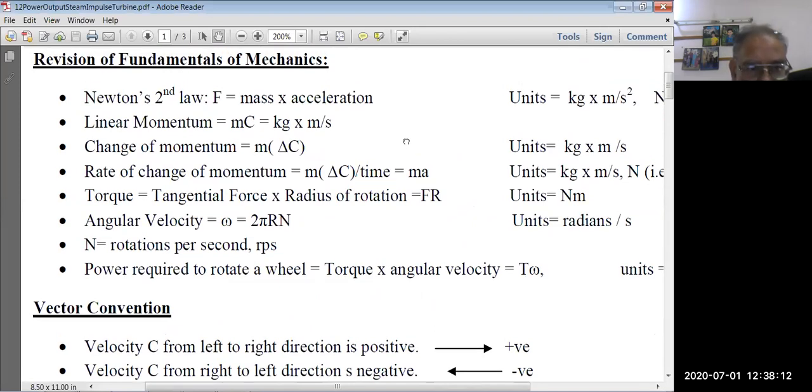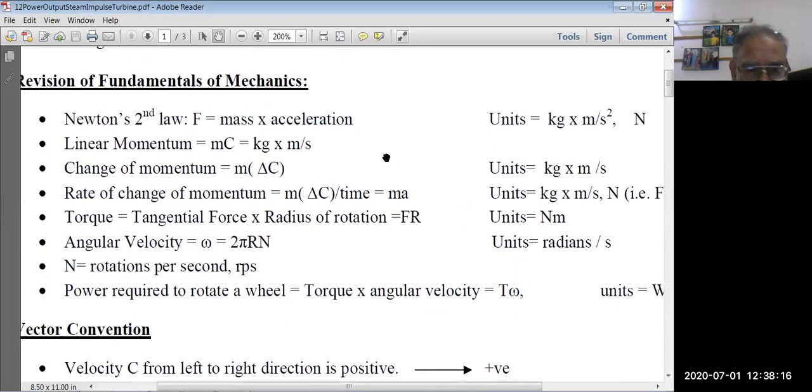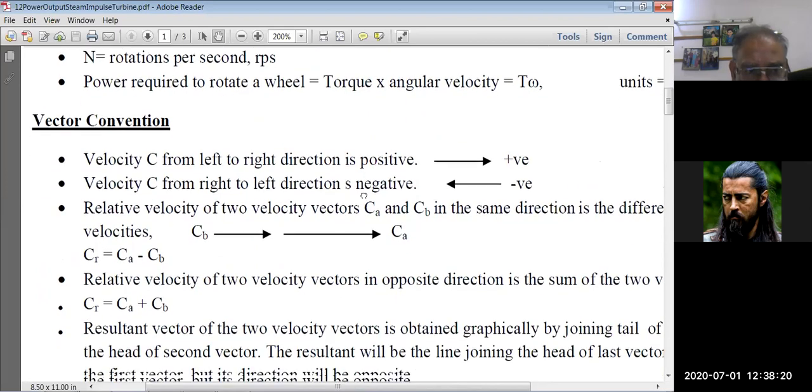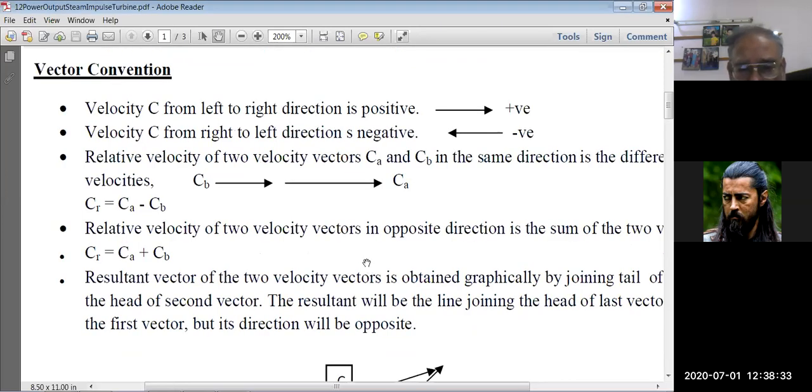Now, first of all, yesterday I told you that these things you have to revise. Fundamentals of mechanics, I'll not revise it again. And these things you should revise. How vectors are shown, what is the meaning of these straight lines with arrows, and they represent velocity. The length is equal to the magnitude of the velocity, and the arrow shows the direction.